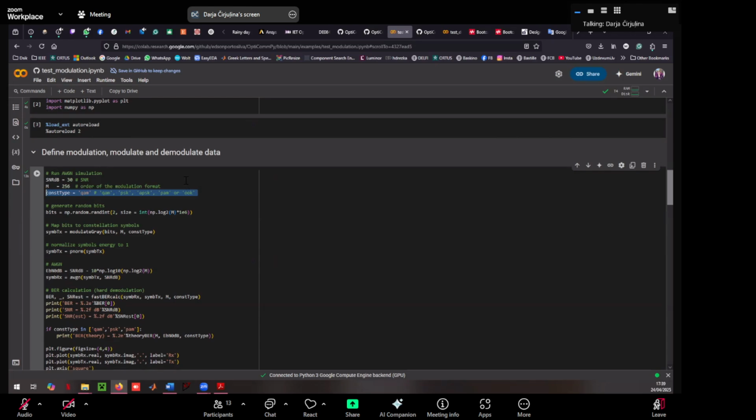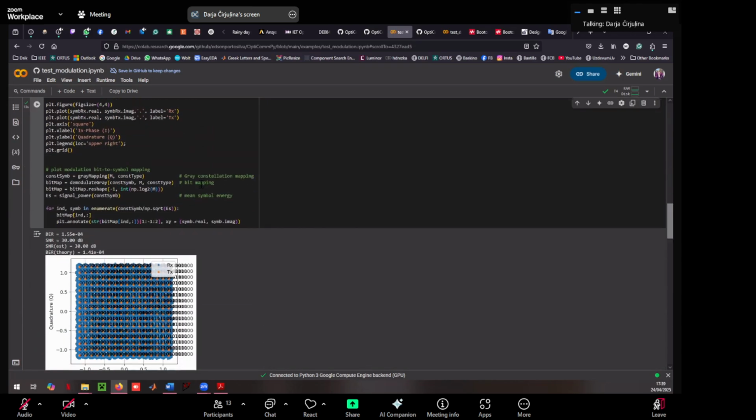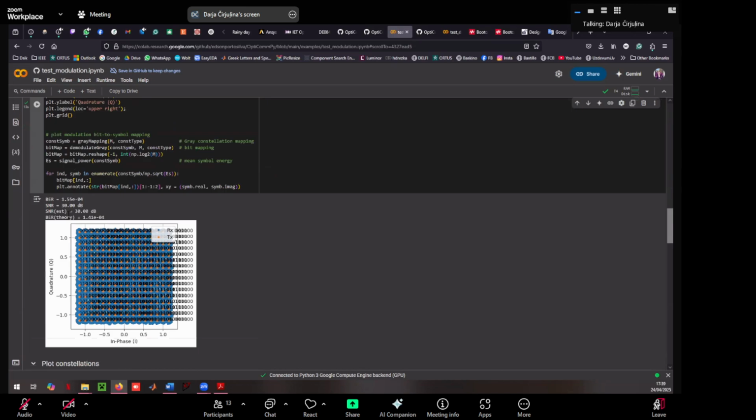You are, of course, free to test other types of modulations. And if you decide to test multiple of them, sure, please add this to your report. This would be amazing if you decide to test more. And here you can see 256 QAM modulation is quite dense, a lot of points. And here you can see the code prints out the bit error rate value and the SNR value.